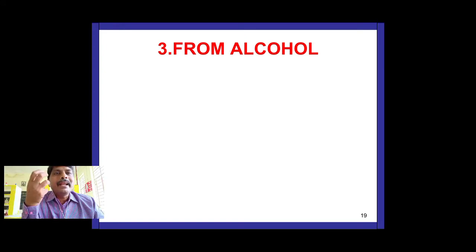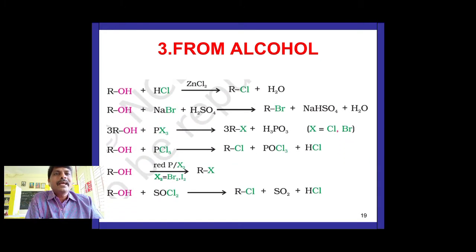Next is very important, preparation of haloalkanes from alcohol. From alcohol you can have variety of methods to prepare haloalkane. You can see in this slide, alcohol is treated with halo acid, hydrochloric acid. First one is halo acid.